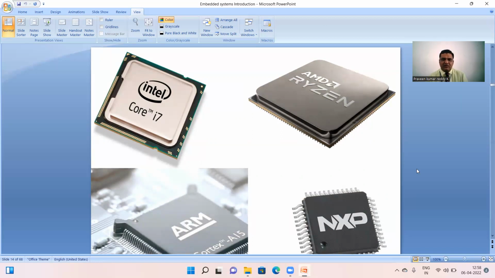For example, in the car airbag system, the major factor is the speed of operation, because your processor has to run the program very fast. So in that application, I have to go for a processor with a good clock speed, like 2 gigahertz or 3 gigahertz, where it can run the program very fast. That is the speed of operation of the processor, one factor I consider.